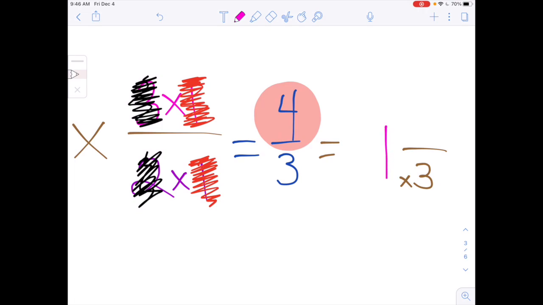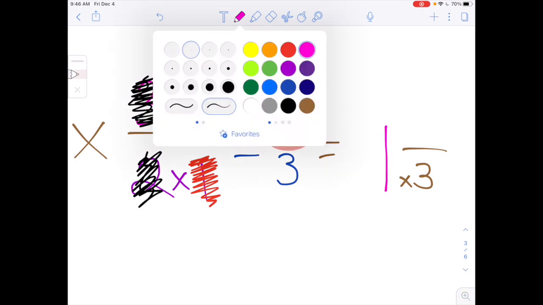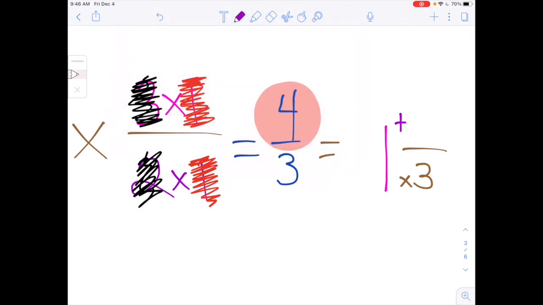So 3 times 1 is 3. Then I need to add 1 more because 3 plus 1 equals 4. Let me rewrite that. 3 plus blank equals 4. That 1 is what we're looking for right there. Put it in red too. 1. So my answer is 1 1/3.